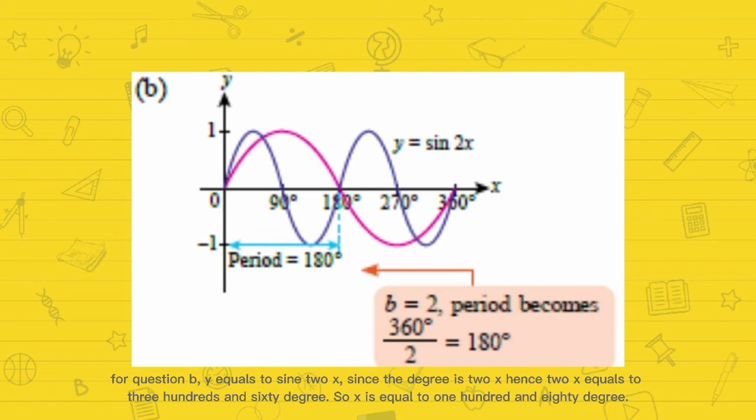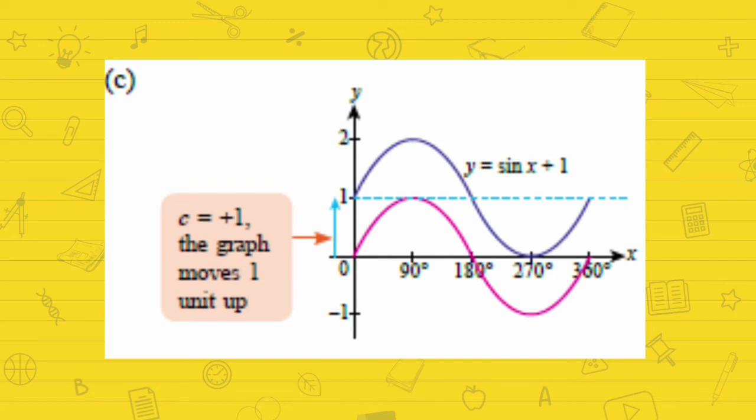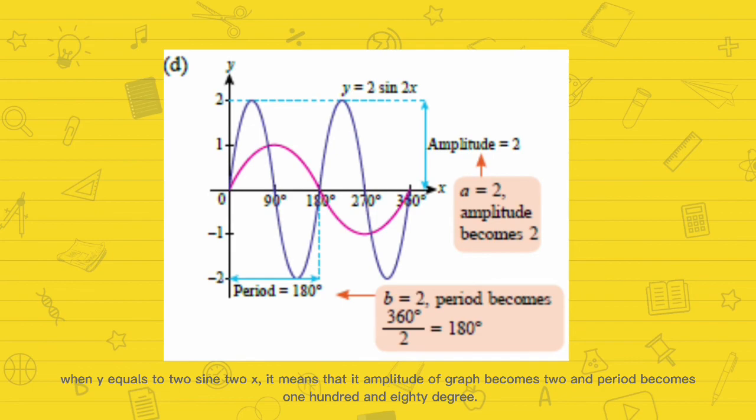Since the angle is 2x, hence 2x equals 360 degrees, so x is equal to 180 degrees. For question C, when y equals sine x plus 1, the graph will move 1 unit up. When y equals 2 sine 2x, it means that the amplitude of the graph becomes 2 and the period becomes 180 degrees.